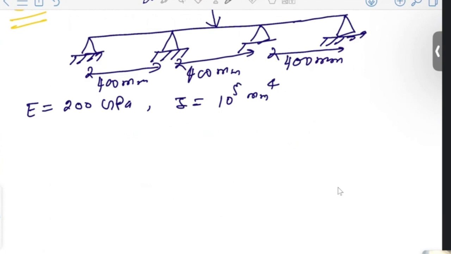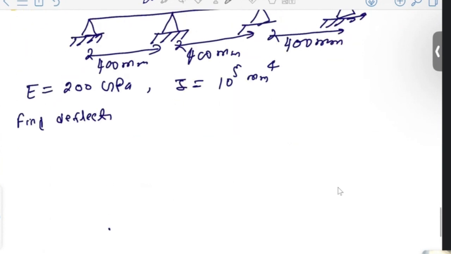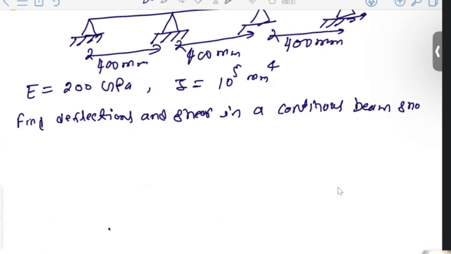So we have to find the deflection and shear in a continuous beam shown in the above figure.